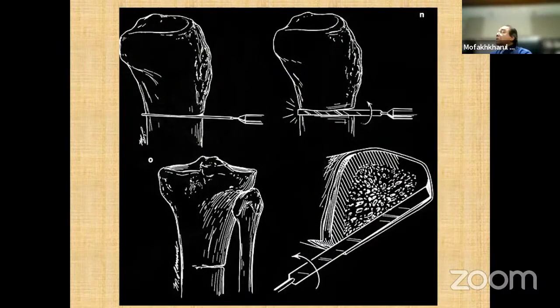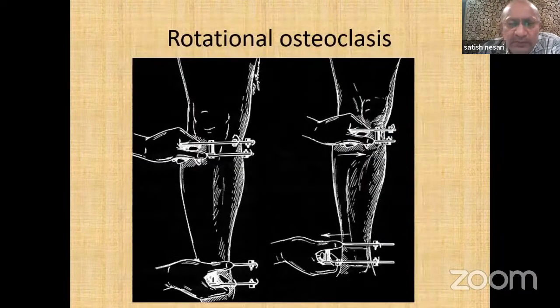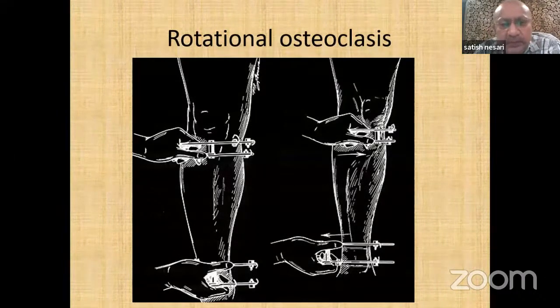In this lateral view, you can see the osteotome has been rotated in order to weaken the posterior cortex. Once you have weakened the posterior cortex, both the proximal and the distal segments are held with the hand, and external rotation osteoclasis is done in order to break the posterior cortex.